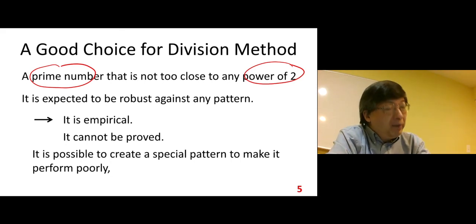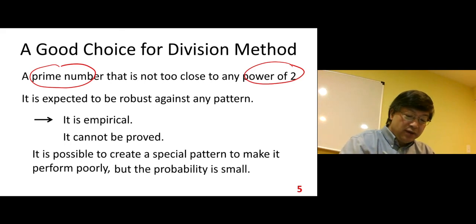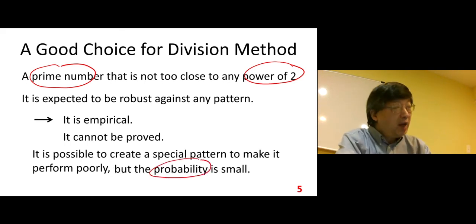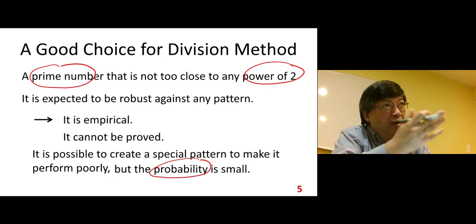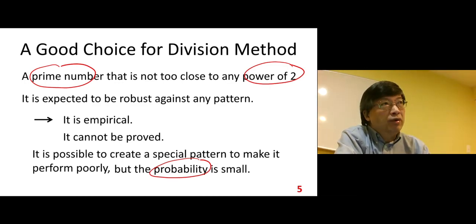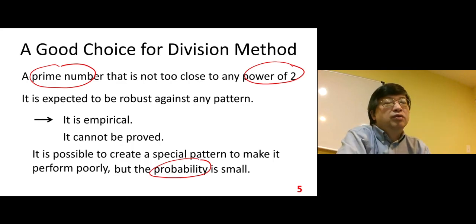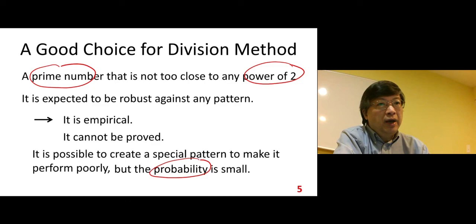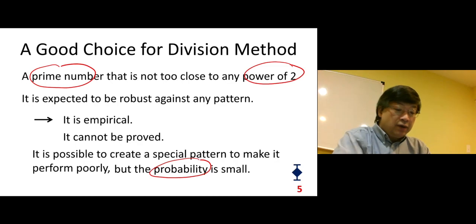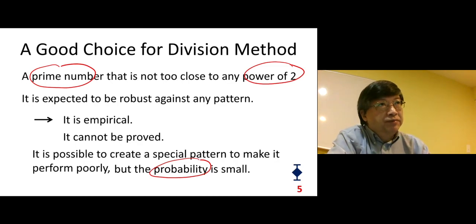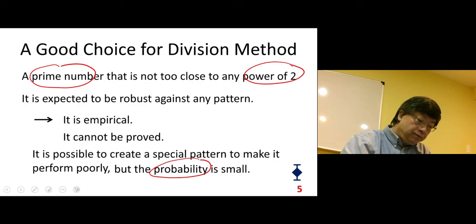But even if that could happen, the probability is extremely small. So we can accept that. The worst case is very bad, but if the probability is extremely small, we can take it. All right, that's part B.2.